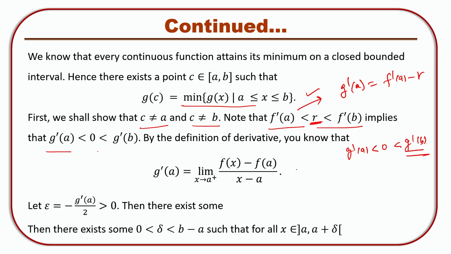By the definition of the derivative, g'(a) is the limit of the ratio of the functional difference by the argument difference: limit x tends to a, (g(x) minus g(a)) divided by (x minus a).